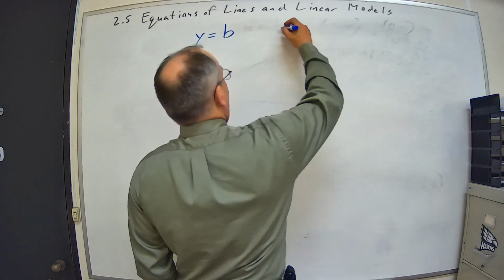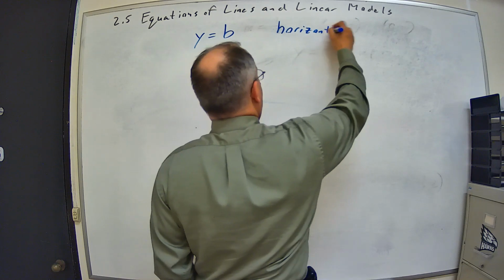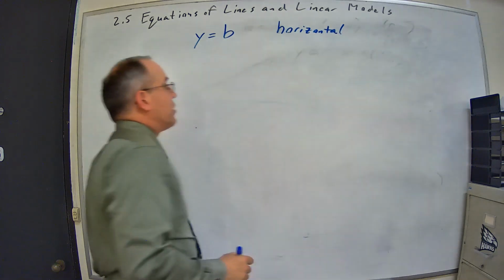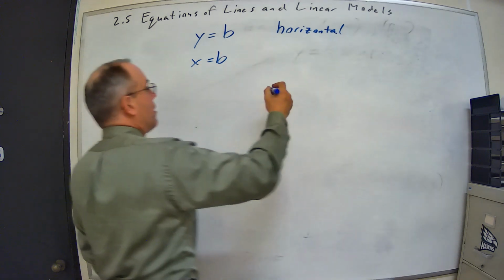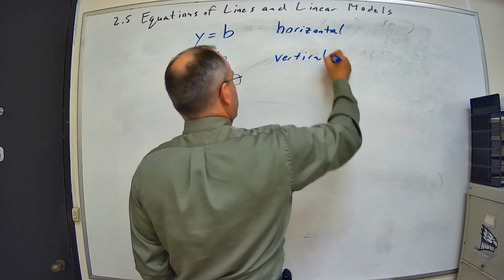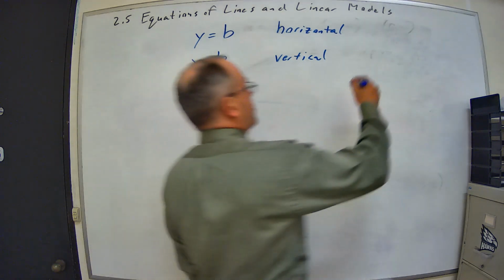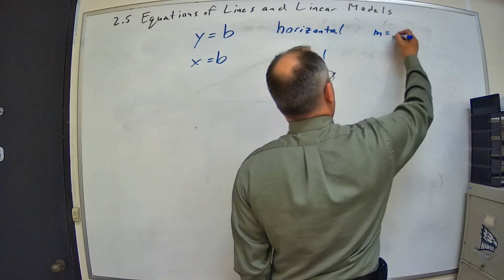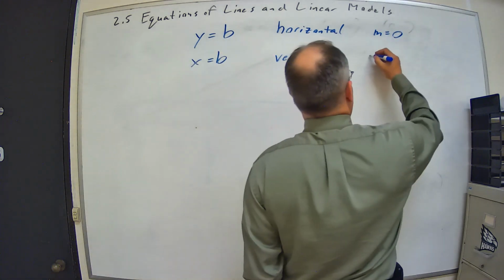That's the equation for a horizontal line. And if we have x equal to b, that's the equation for a vertical line. For a horizontal line, we know that the slope is equal to 0, and for a vertical line, we know that the slope is undefined.